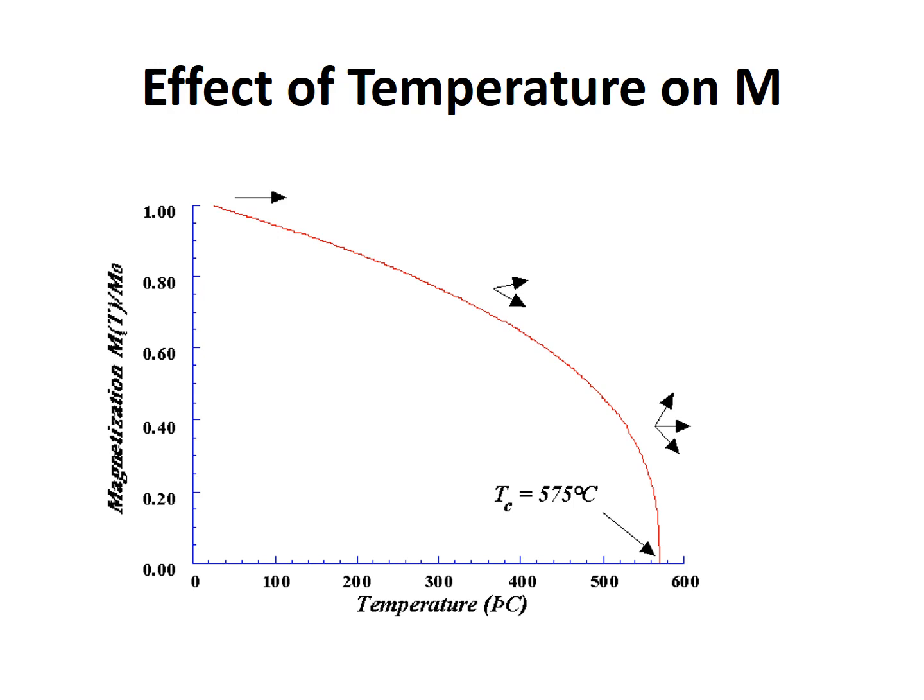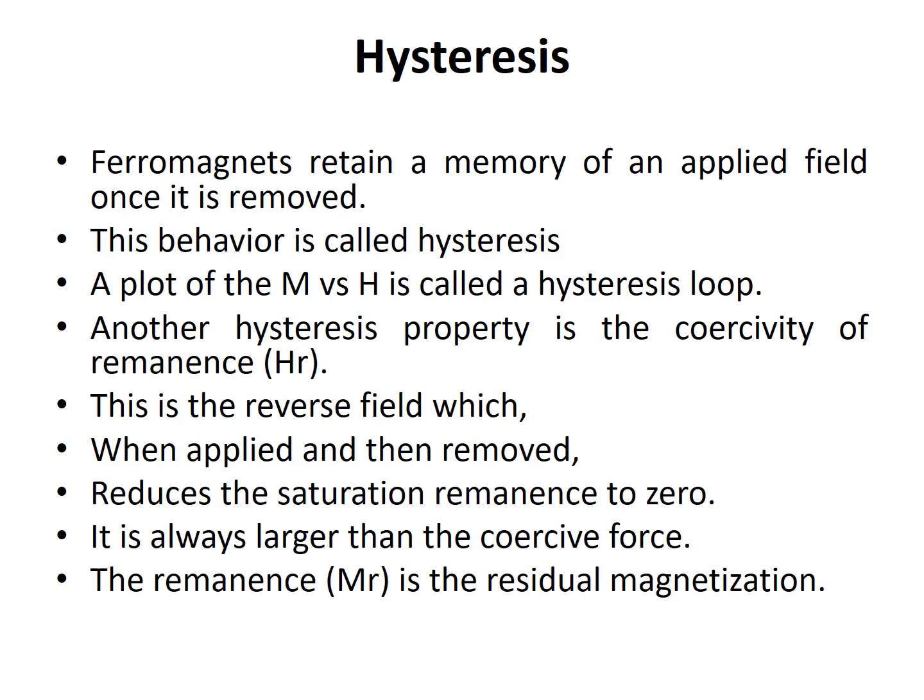It means the magnetization of paramagnetic and ferromagnetic material has an inverse relationship with temperature. Hysteresis. What is hysteresis? In addition to Curie temperature and saturation magnetization, ferromagnets can retain a memory of the applied magnetic field when it is removed. The behavior is called hysteresis.